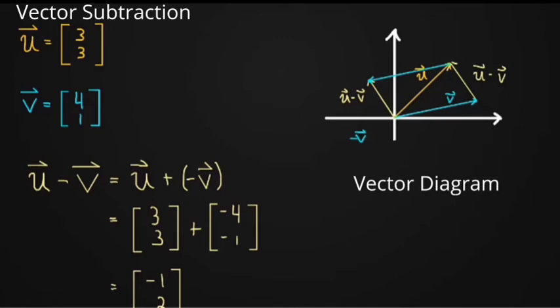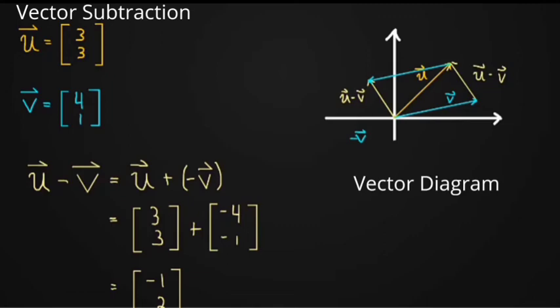That is, minus 1 is represented on the graph as the x component, and 2 is represented on the graph as the y component. To represent these vectors on the graph, we'll locate the point 3 on the x-axis and point 3 on the y-axis and draw vector u.